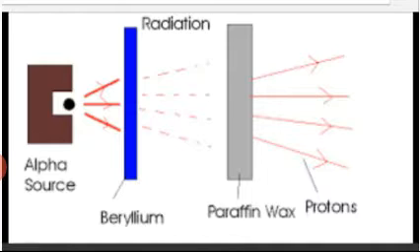This experiment was done in an electric field. The ray bending toward the negative side, downward, is the proton, because it bends toward the negative end, which means it is positive.